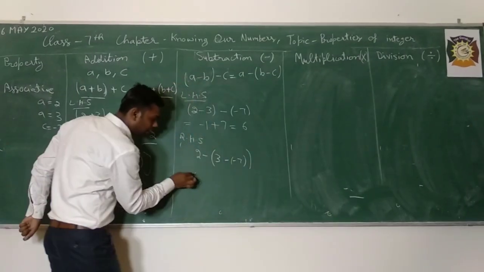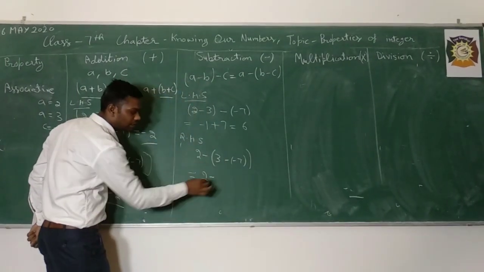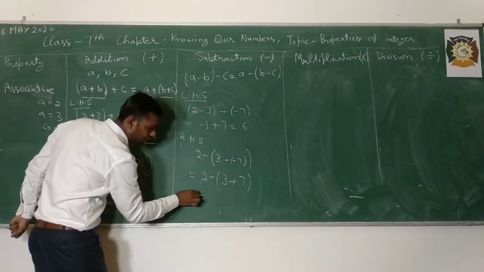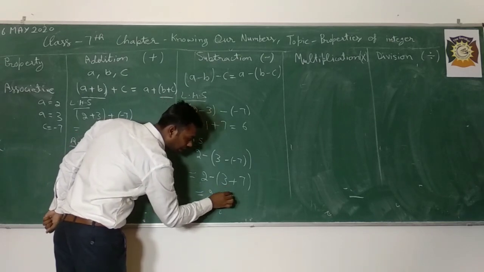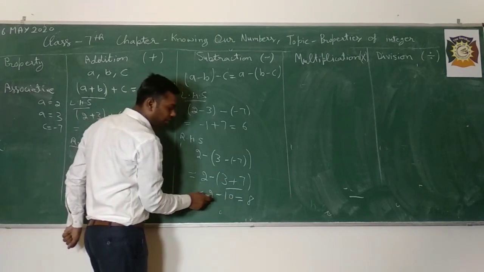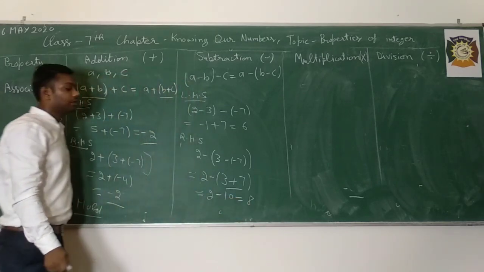Solve it. That is equal to 2 minus (3 minus minus 7), that is 2 minus (3 plus 7). 3 plus 7 is equal to 10. 2 minus 10 equals minus 8.